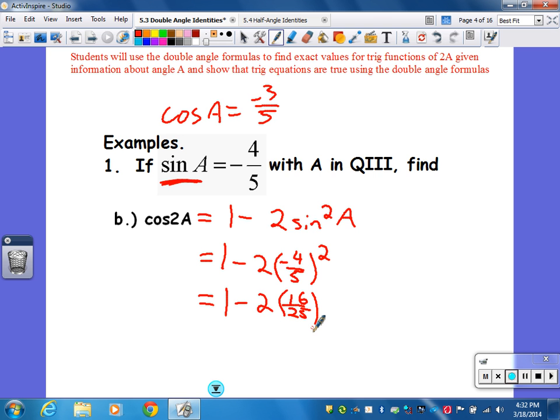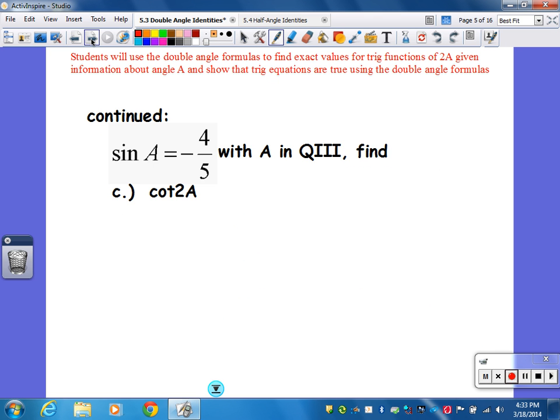Now that's going to be equal to 1 minus 32/25ths, which is equal to negative 7/25ths. So that's going to be my answer there. Okay, let's keep cruising.